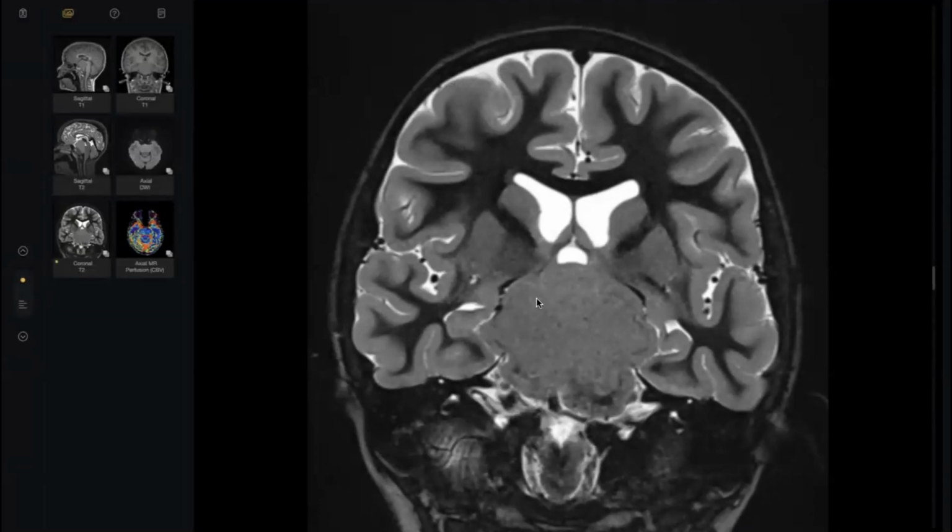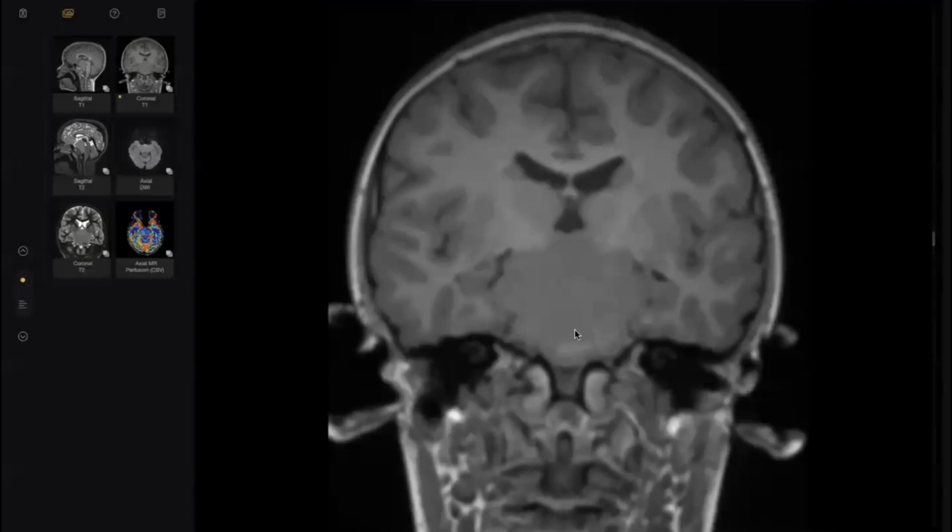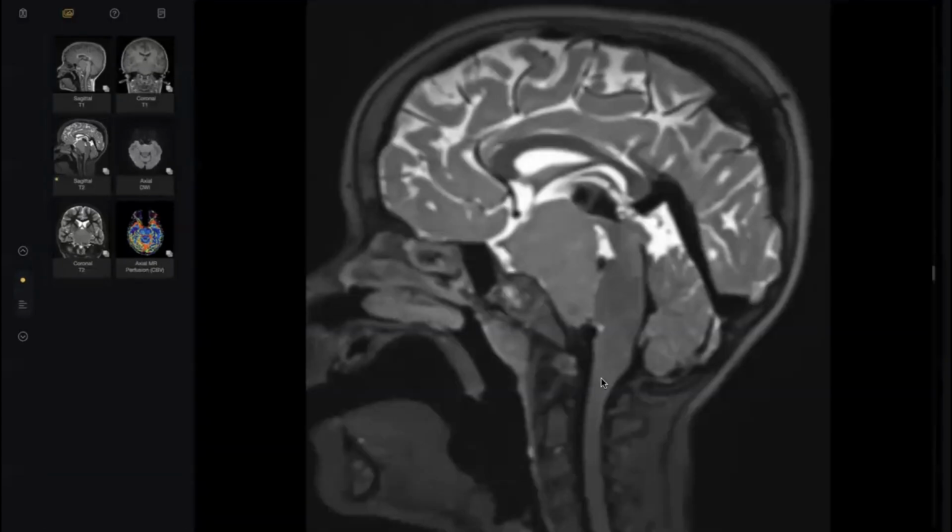When you are confused, tell the examiner what you are comparing with, at least here with the gyri. It is isointense to the gyri. If you compare with the white matter, it is something else. But it is very similar in signal to the gyri in T2 and in T1. So it is an ectopic tissue, hamartoma.